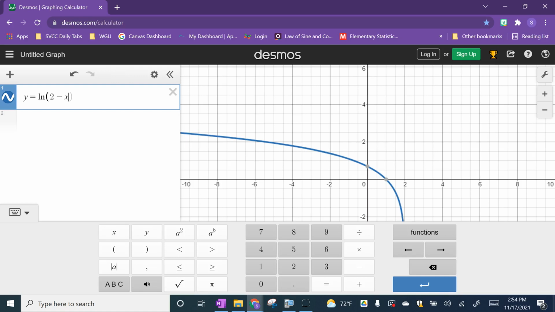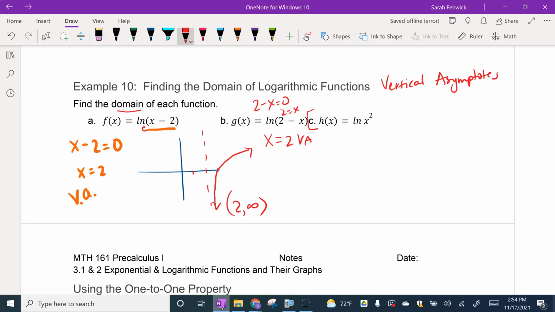That 2 minus x, because my x has a minus in front of it, changed my sign there and reflected this over the y-axis. So the ln of 2 minus x looks like this. My asymptote is still at 2, but my function went this way. So the domain for this one is negative infinity to 2.